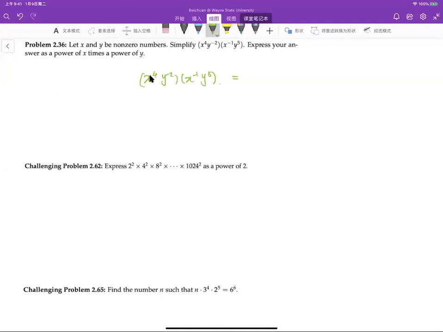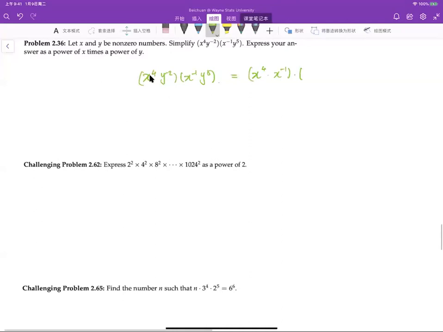So that would be parentheses x to the power of 4 times x to the power of -1, and then times parentheses y to the power of -2 times y to the power of 5. Okay, and what's next?